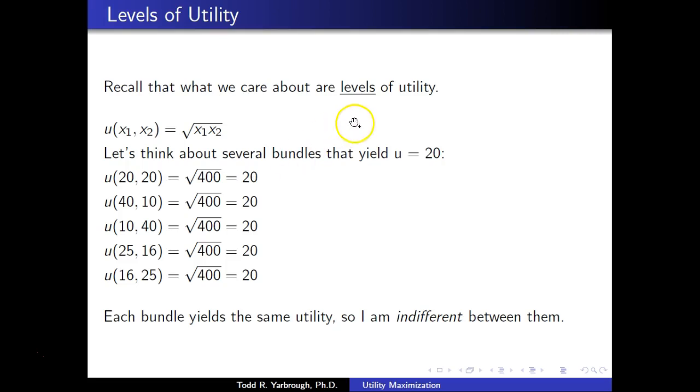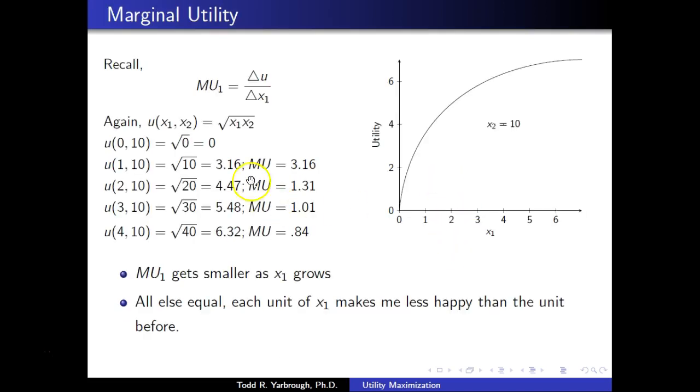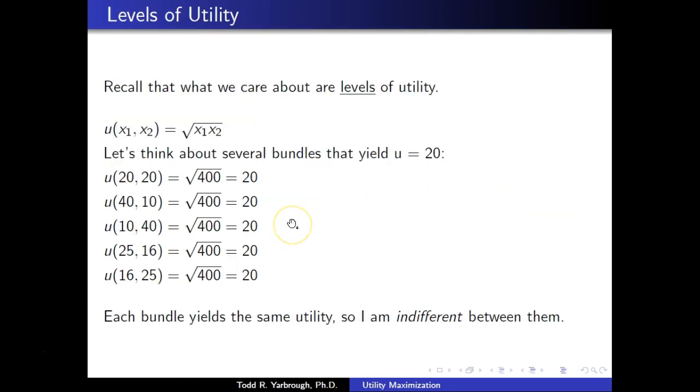First off, this gets us thinking about levels of utility. Remember what I said previously, that when we're thinking about utility here, the numbers themselves mean virtually nothing. What's important is that we can compare bundles. And here we saw what happens when we incrementally change the consumption of one of our products. So here, let's imagine again that we're comparing levels.